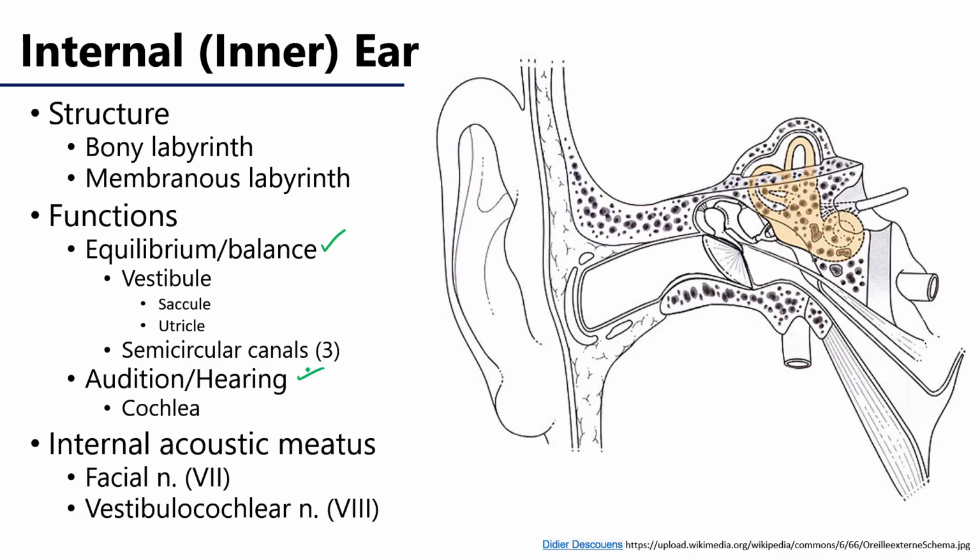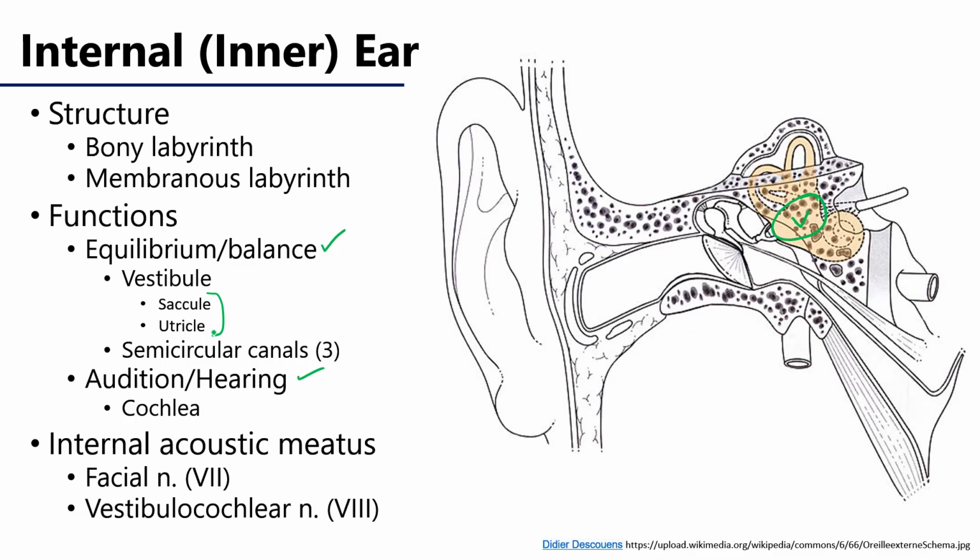So there are a couple of portions to this. The part that communicates directly with the oval window is known as the vestibule. And that vestibule houses two structures which are important for balance, the saccule and the utricle. We'll get into more details on those later.